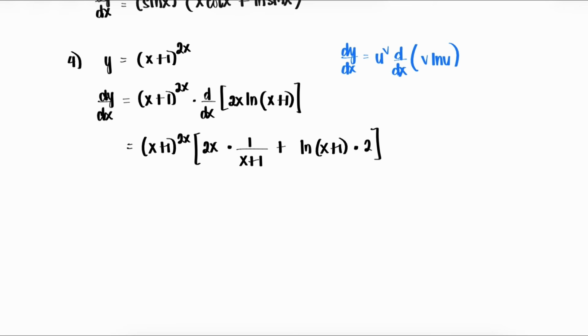So remember that we cannot multiply x plus 1 to 2, only to ln of x plus 1. So let's simplify this. This is x plus 1 to the power of 2x, and then we're going to combine this. So x plus 1, this is now 2x plus 2 times x plus 1 ln of x plus 1.